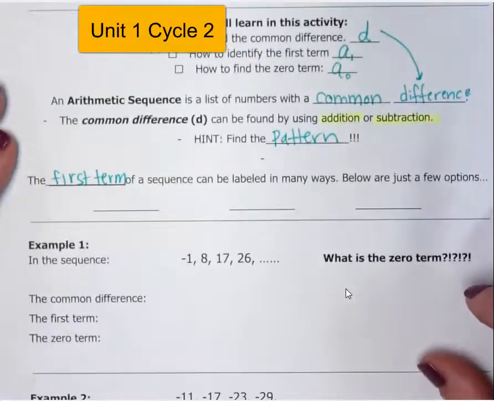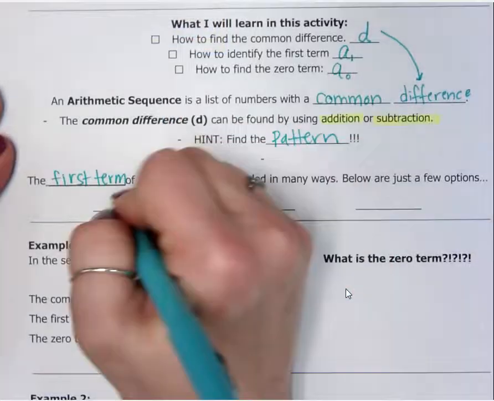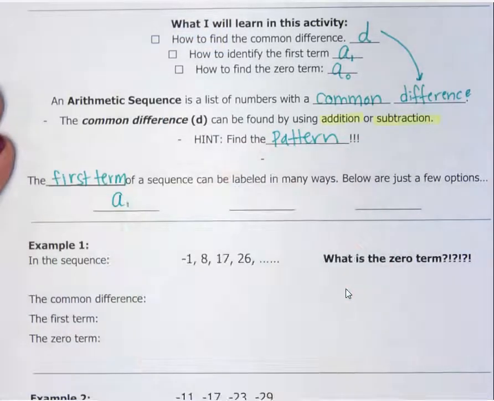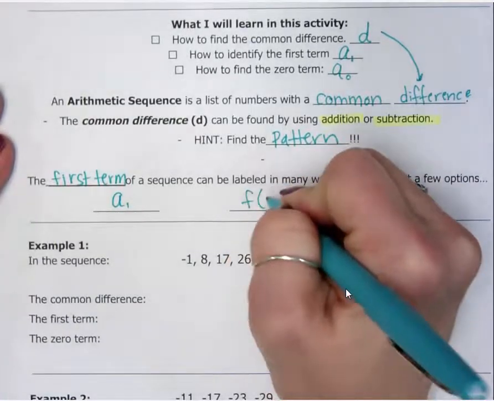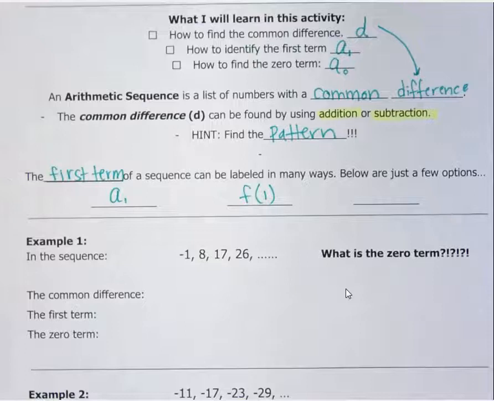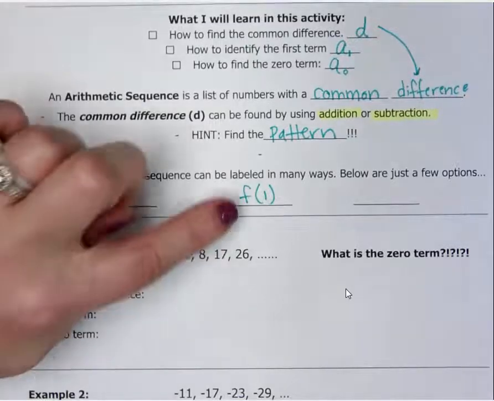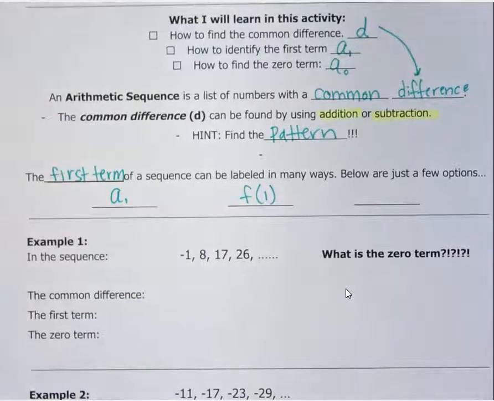But a first term can be labeled, like I said, A sub 1. Say it with me. A sub 1. Good. It's not A1. A sub 1. Good. It could be F of 1. This is if we're using function notation, which we'll get into deeper.